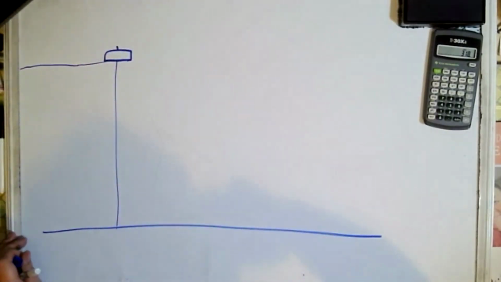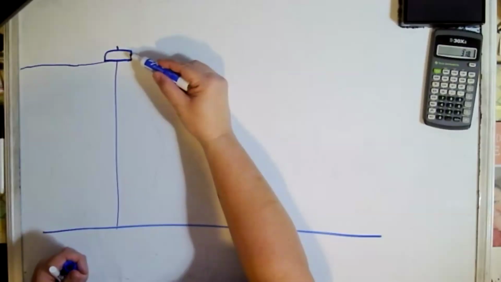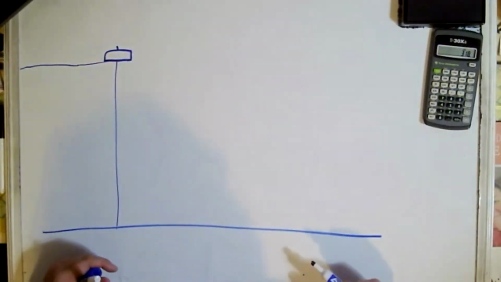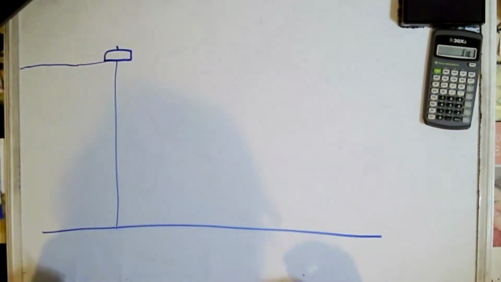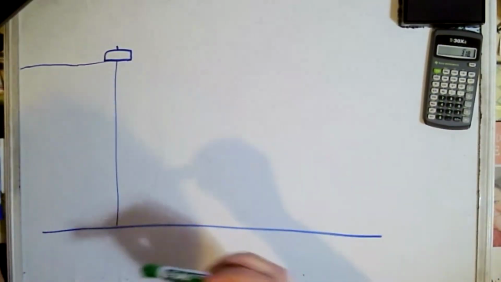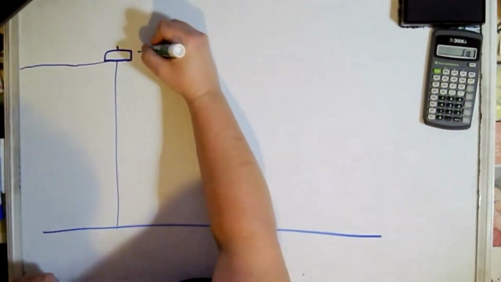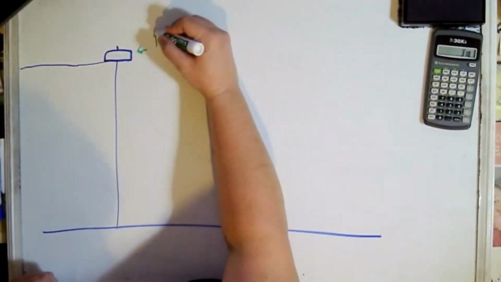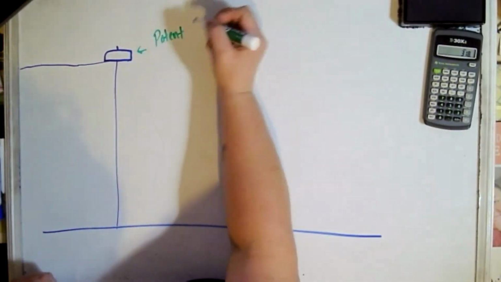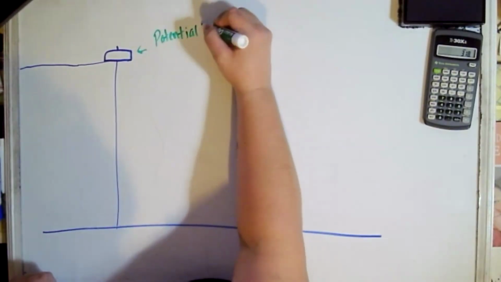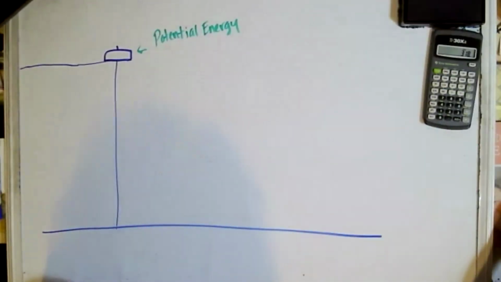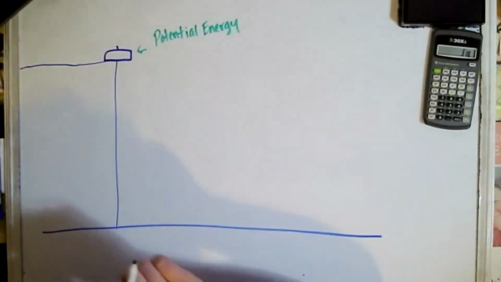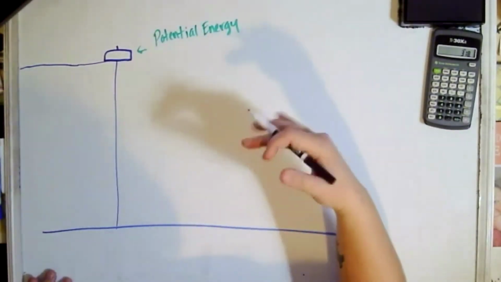Someone balanced it perfectly, so it's sitting just barely hanging on to that wall. What we have up here is something that is not moving. It's very still. This object has potential energy, and specifically, a lot of potential energy.